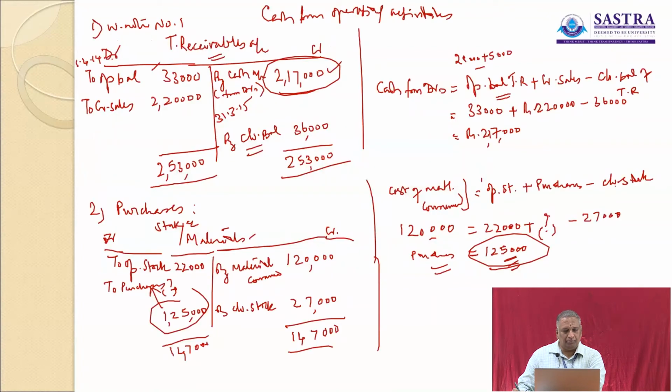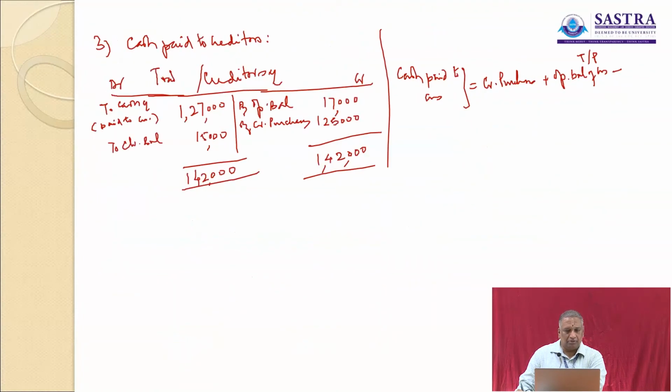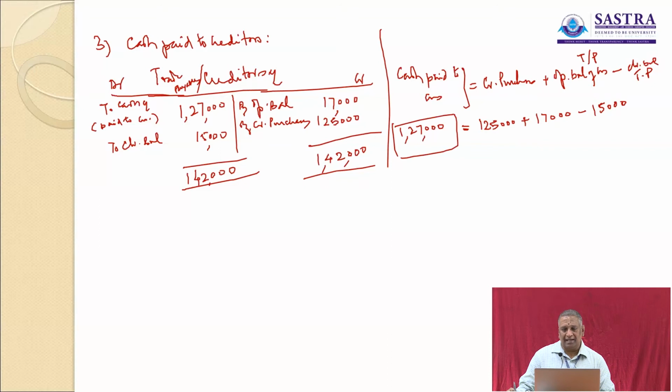So trade payables minus closing balance of trade payables. Substituting values here, credit purchase is 1,25,000 plus opening trade payable 17,000 minus closing trade payable 15,000. You will get rupees 1,27,000 as cash paid to creditors.